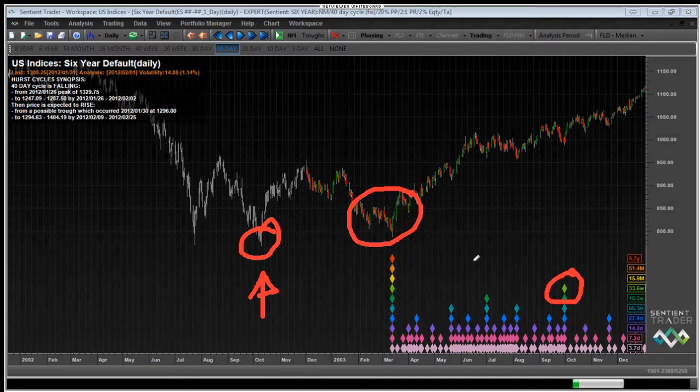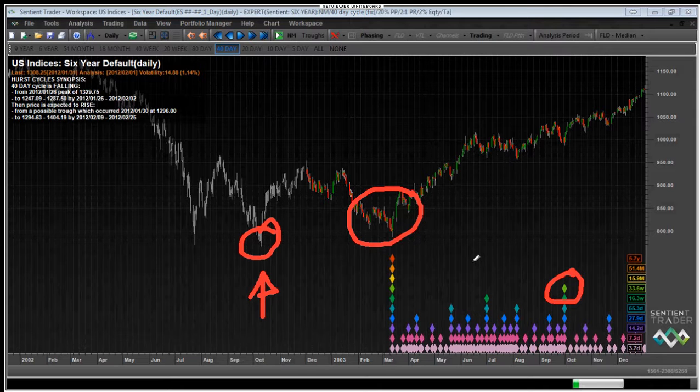And then what happened in September of 2003? Well, there was a trough of the 40-week cycle. So I think you can see troughs are occurring around about the same time, often not on the same day, often 4 or 5 weeks apart from each other. And they have similar magnitudes, but often different magnitudes in different markets.